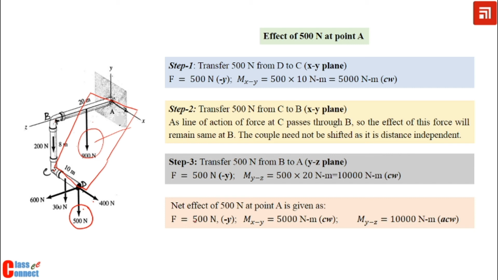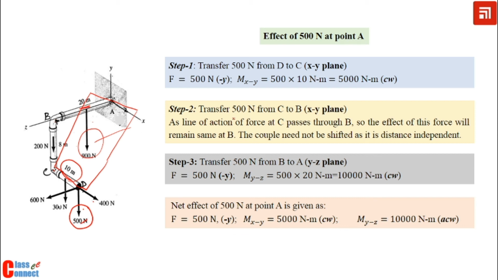So the net effect is 500 Newton directly. Then one couple in the XY plane: the XY plane couple is 500 multiplied by 10 meter, and this one is in the YZ plane, that is 500 multiplied by 20 meter.